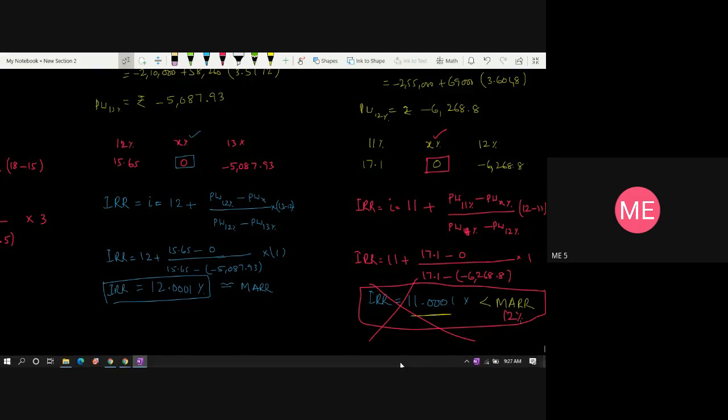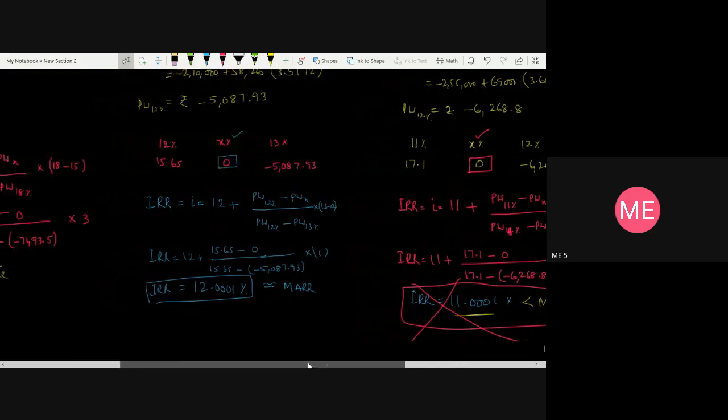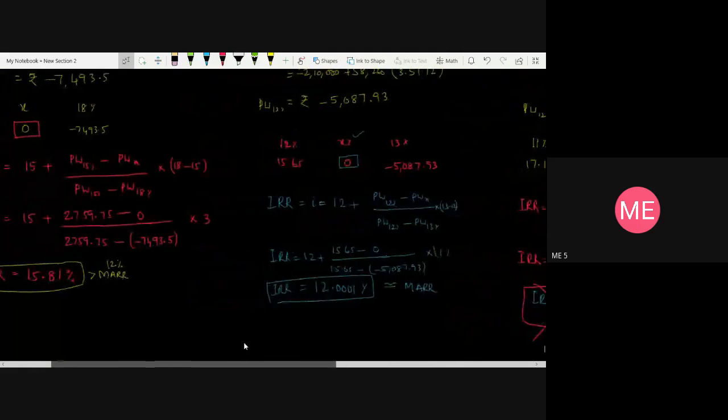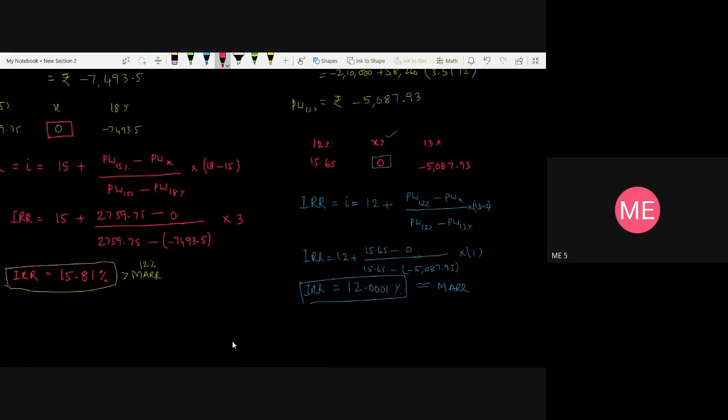I can compare only these two, alternative 1 and alternative 2. If you look at the comparison between alternative 1 and alternative 2, alternative 1 has the highest internal rate of return, 15.81%.